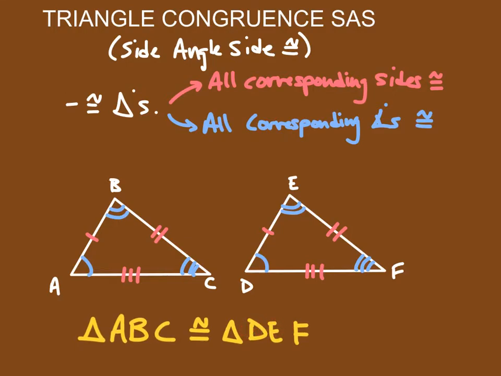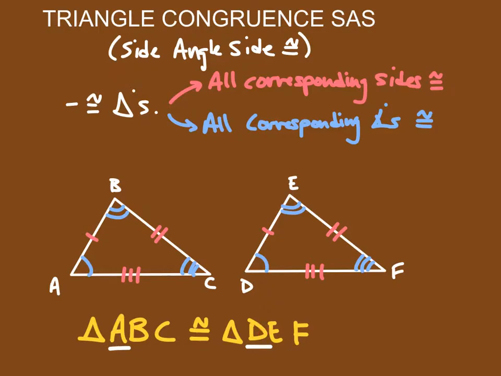Okay, number one, let's look at how A corresponds with D. Notice how these angles have one arc mark. These are congruent. Notice how if I start with A, naming this triangle, I have to start with D in this triangle.